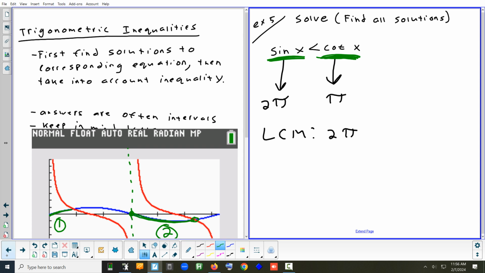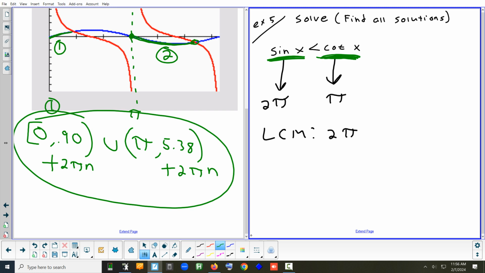You'd stop the interval at 2 pi. No absolute values. No, you just stop your interval at 2 pi. So no absolute values, no vertical lines in these problems.